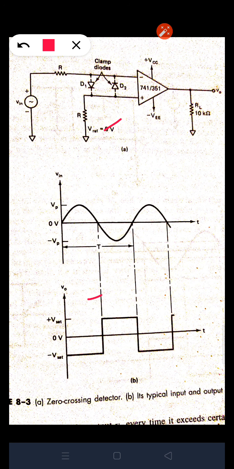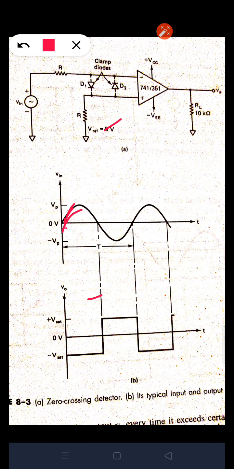When the input signal Vin passes through 0 in the positive direction, what is going to happen?